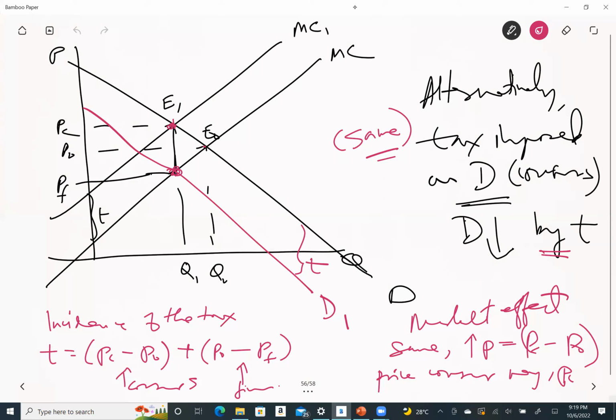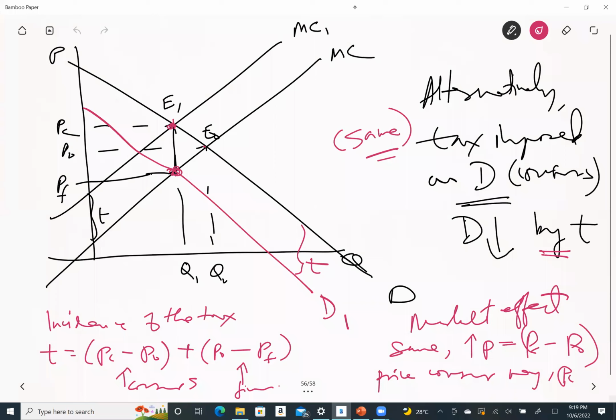So you just read that part. What is forward shifting? It's just a concept. If the tax is imposed on whom? Is imposed on the sellers, then what happened? Then they will increase the price and shift the burden of the tax to the consumers. So that is called transfer of the burden of the tax from the sellers to the buyers.